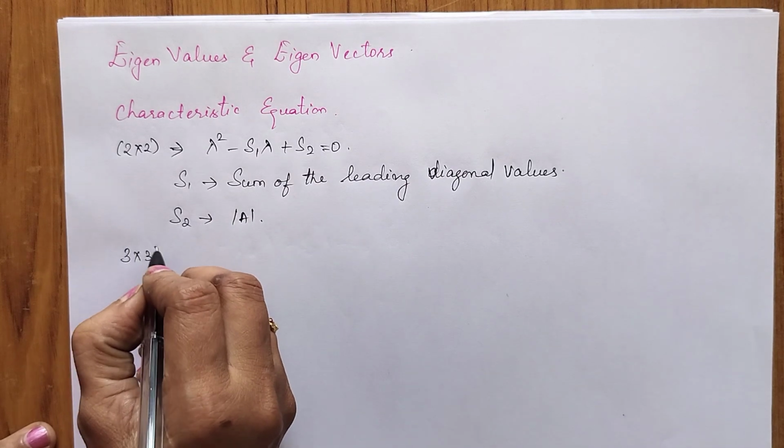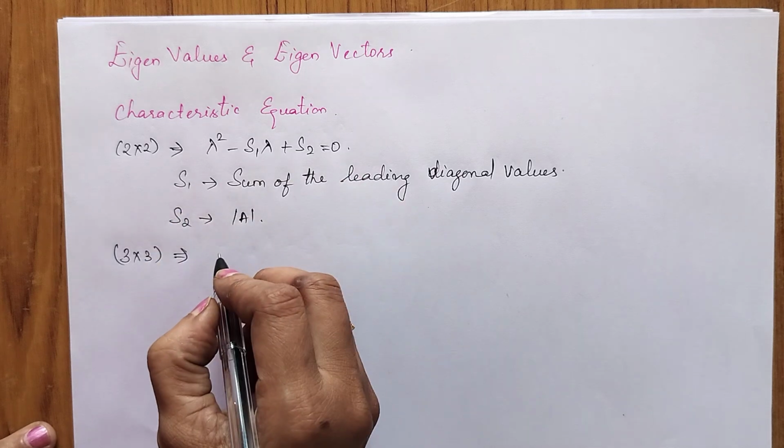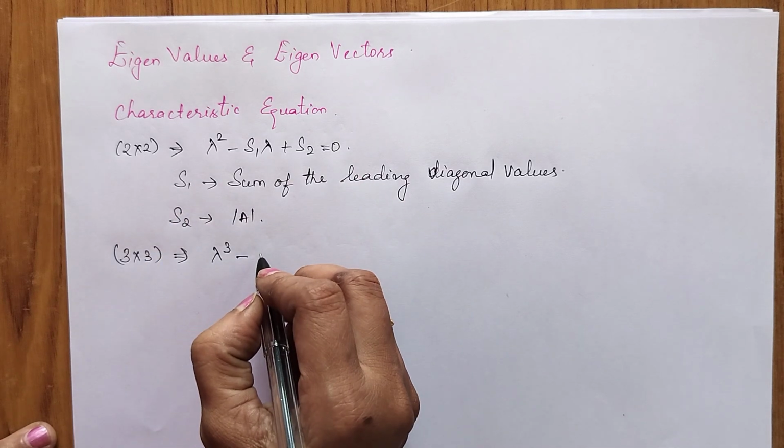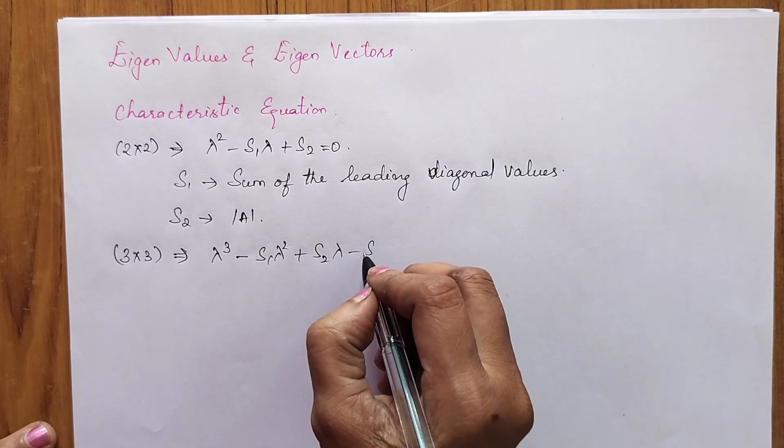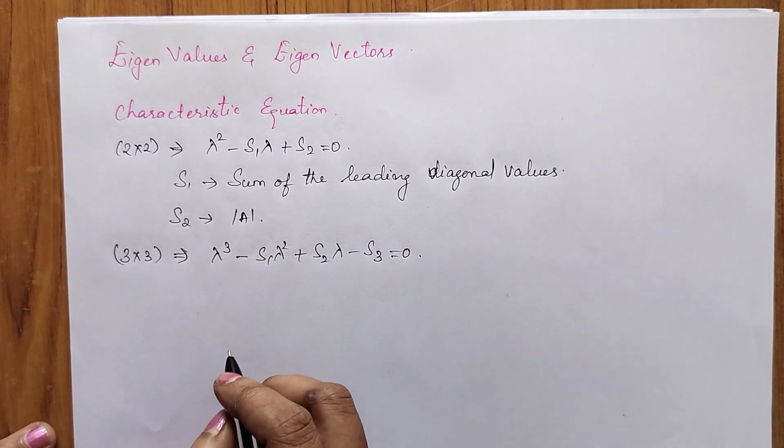For a 3 cross 3 matrix, the characteristic equation is lambda cube minus S1 lambda square plus S2 lambda minus S3, which is equal to 0.